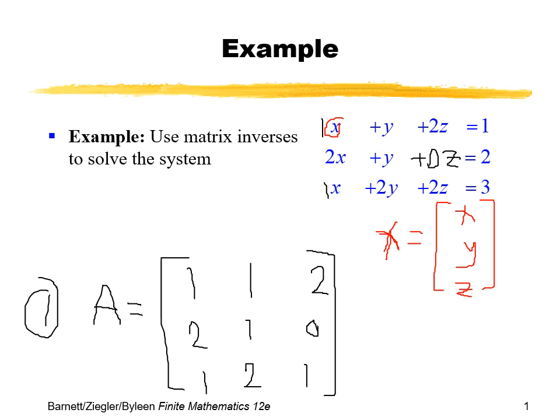The last matrix, which some books denote by R or by B, is the right-hand side constants. We have the constants 1, 2, 3 on the right-hand side. So we create those matrices.